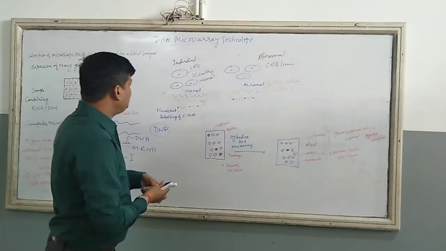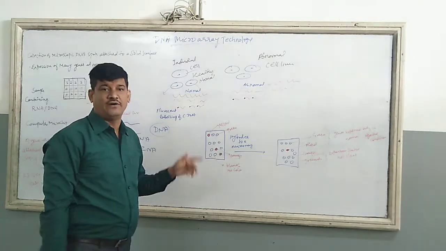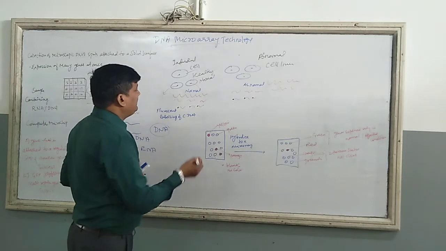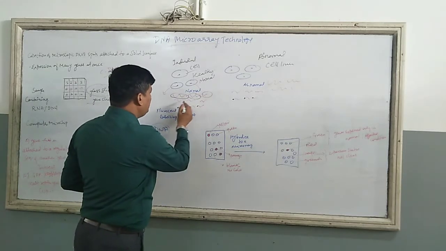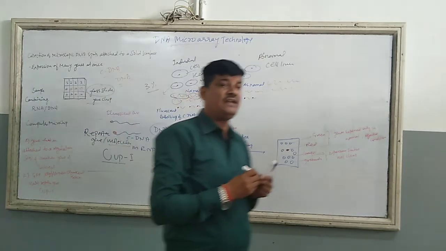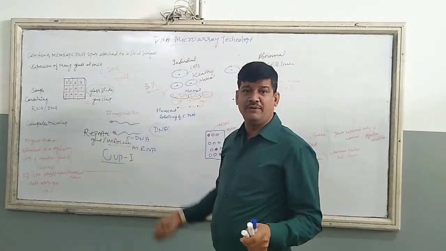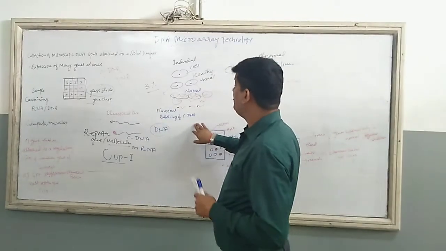Now this DNA is denatured so that it comes into the single-stranded form. Whenever the single-stranded forms are extracted, there is a total of about 3% single-stranded mRNA, and that mRNA is not stable because it is generally degraded.